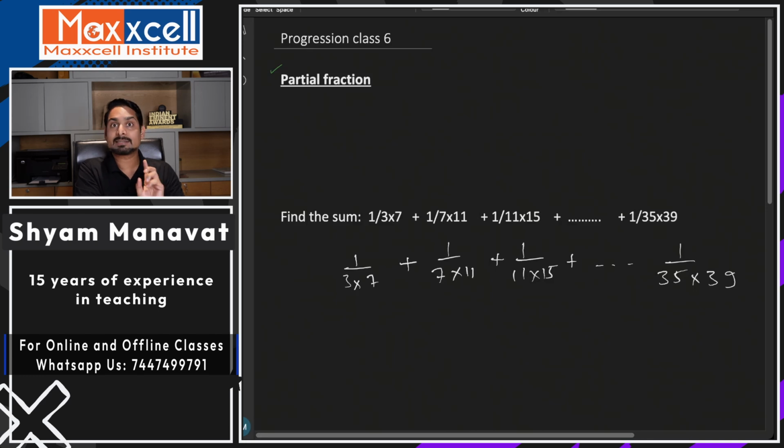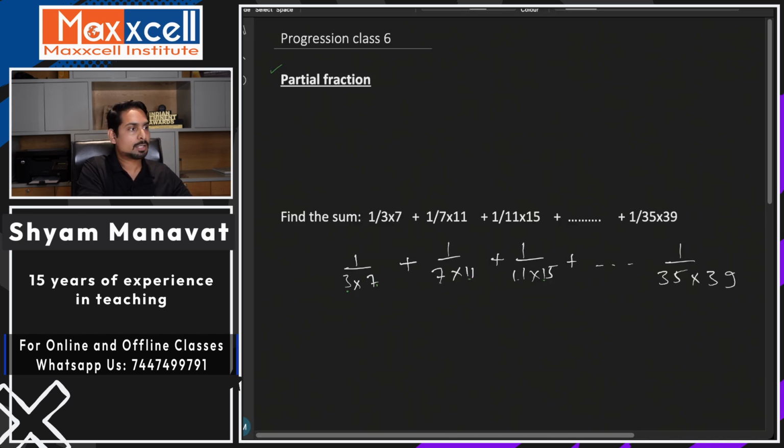But it is a progression. If you remember, in the first lecture of progression I discussed that a progression has a certain pattern, some pattern to get the next term, which you will be able to find in these terms. You can see it's 3, 7, then 7, 11, then 11, 15, and it goes on.